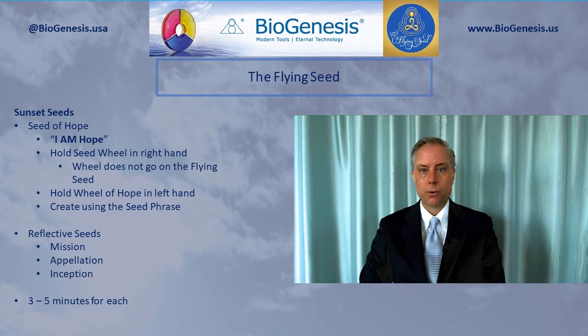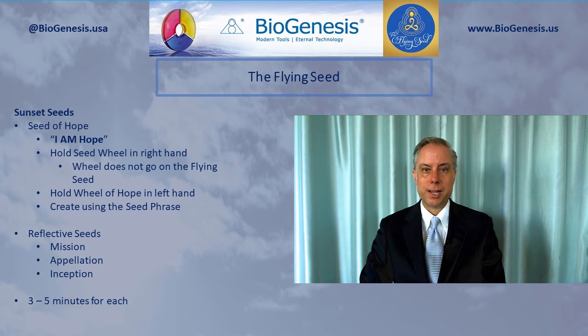Instead, we put it in our right hand. And we take the wheel of hope that would normally sit alongside the flying seed and we put it in our left hand. And we create using the seed phrase. So we find the phrase for that seed, and that's the intent that we use to do our creating technique while holding the wheel of hope in the left hand and the seed wheel in the right hand.